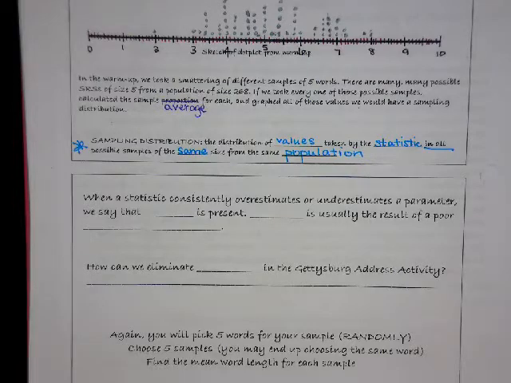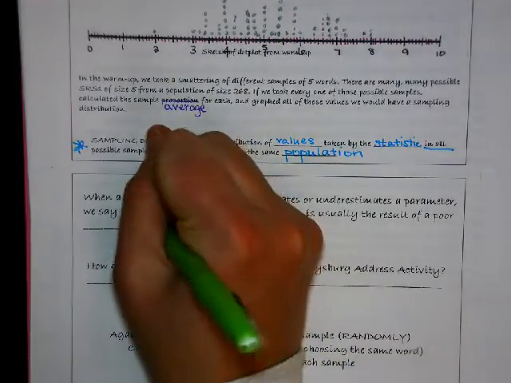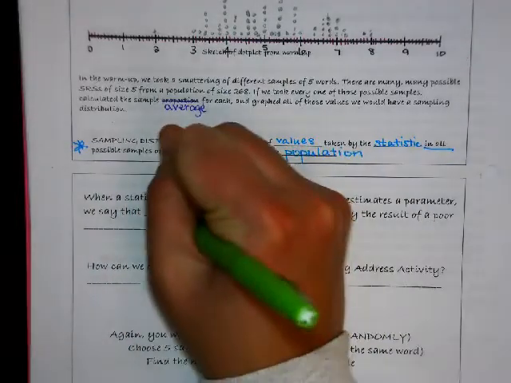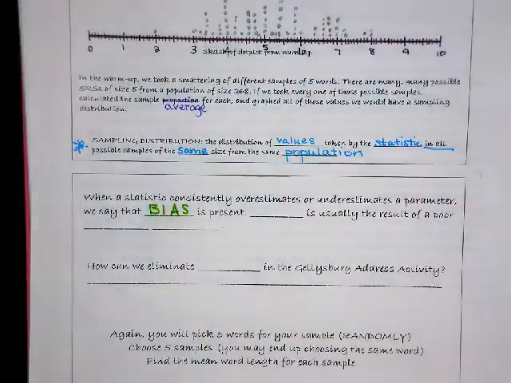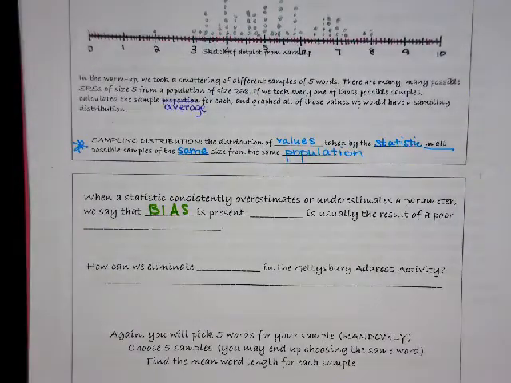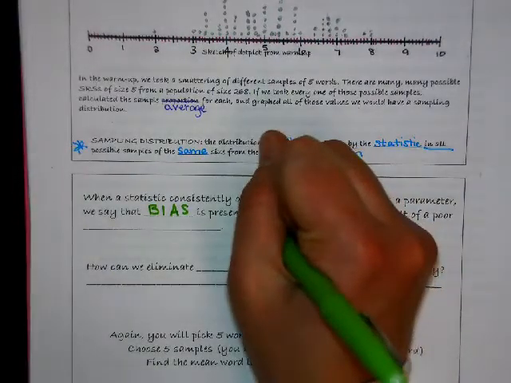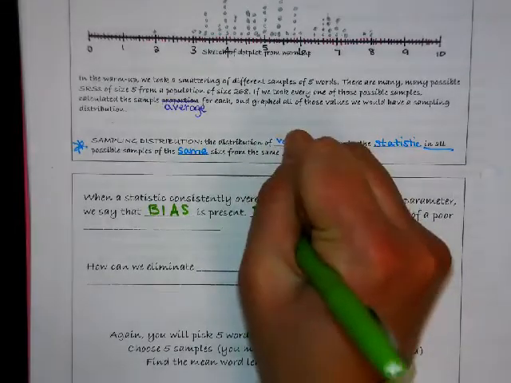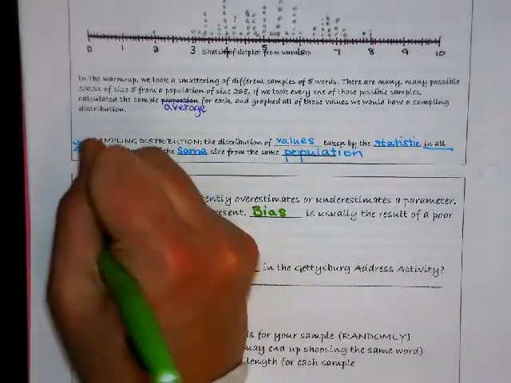Me too, it's my least favorite chapter. Starts with a B, ends with an S, bias. Bias is where you consistently overestimate or underestimate. And bias usually happens because you have a poor sampling method.